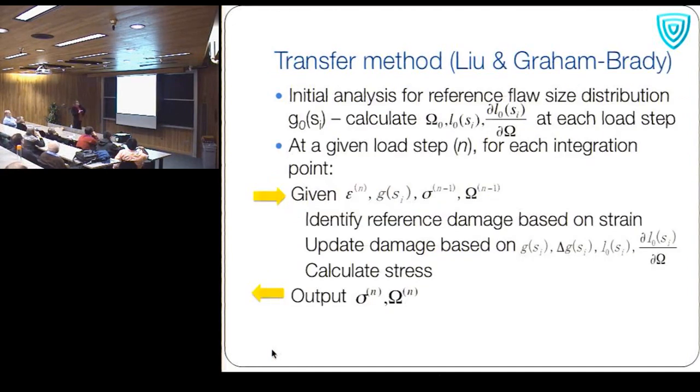Again, you have this initial analysis where you calculate a reference damage, crack length, and gradient of crack length at each load step. Then in a given integration point, you find your reference damage based on the strain. You update the damage based on perturbations in your flaw population. And then you calculate your stress and move on. So you don't have to do any micromechanics analysis except for the first one that you did, the reference run.